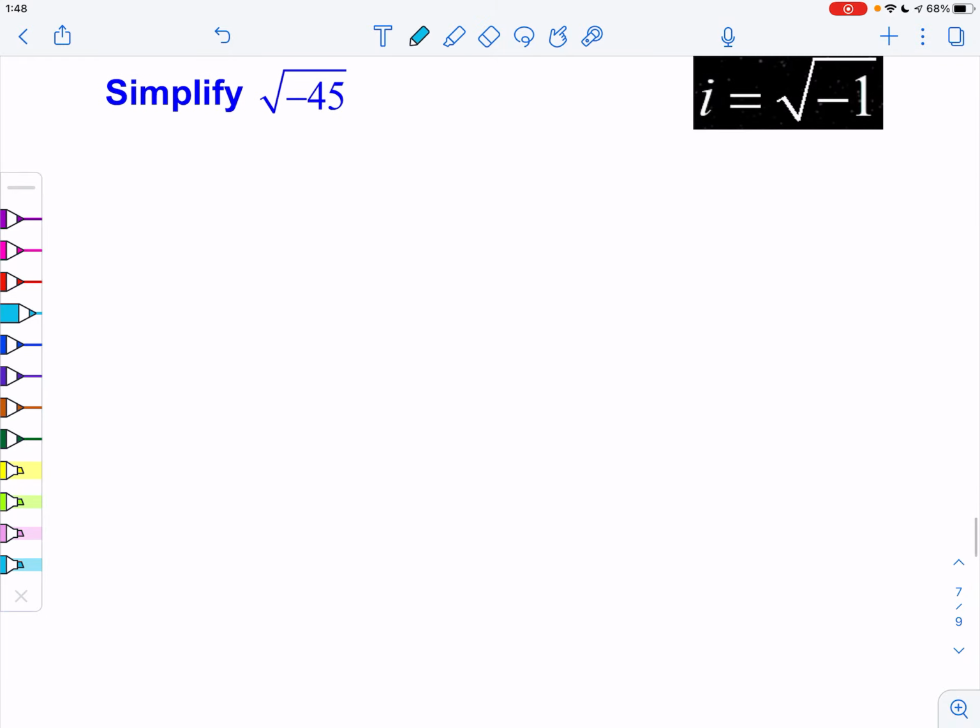Next example, the square root of negative 45. Again, first step: the square root of 45 times the square root of negative 1. Now 45 is not a perfect square, but we can simplify it further. On the side over here, if you can find the largest perfect square factor of 45, then you can start there.